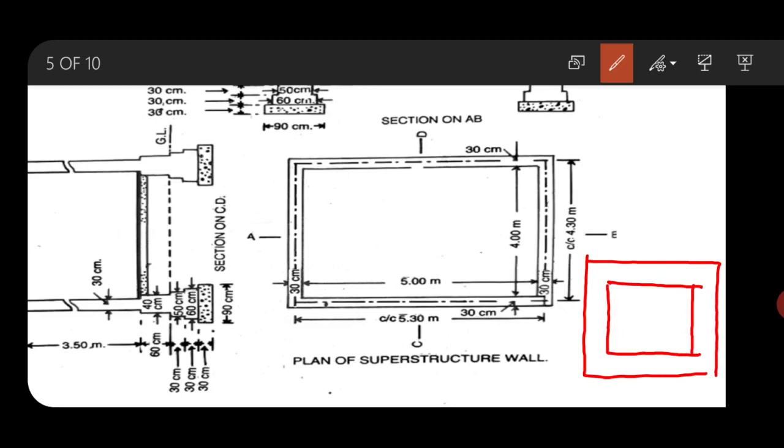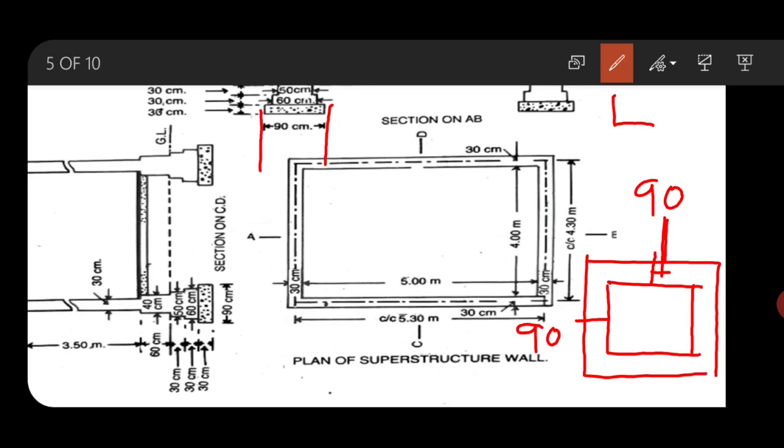So this one is the plan of the bottom of the foundation. Here the wall thickness is 90 centimeter. In this side also it is 90 centimeter. So first we will find out what is the length of this cement concrete work.